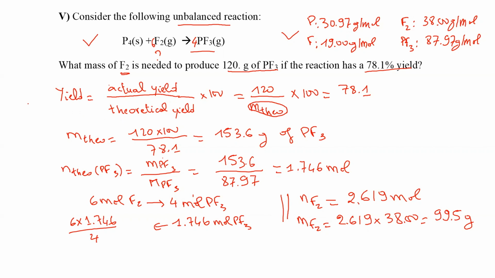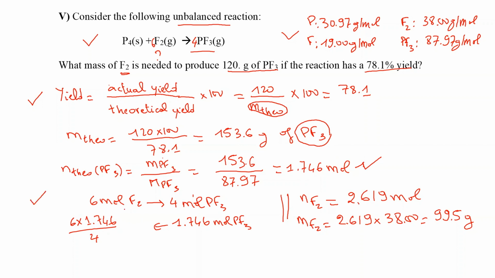You give the expression of the yield. From the expression of the yield, you know the theoretical yield that you should have, the theoretical mass for phosphorus trifluoride. And from the mass, you can get to the number of mole. And from the number of mole, we can deduce the number of mole of fluorine gas.